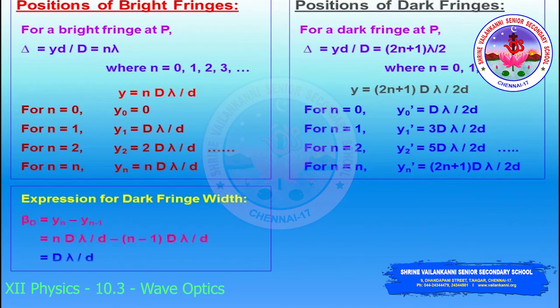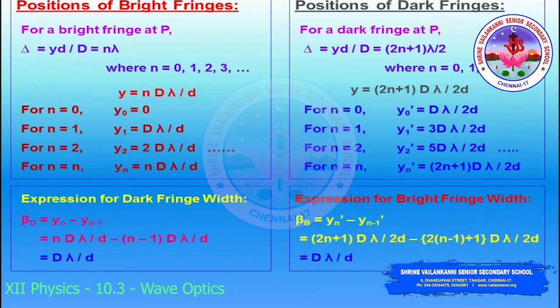Now the expression for the fringe width. For the bright fringes, we get the fringe width as Xn minus Xn minus 1, which is D lambda by small d.